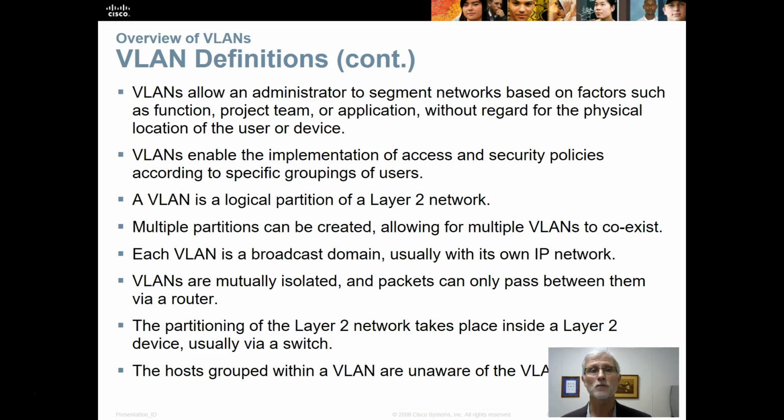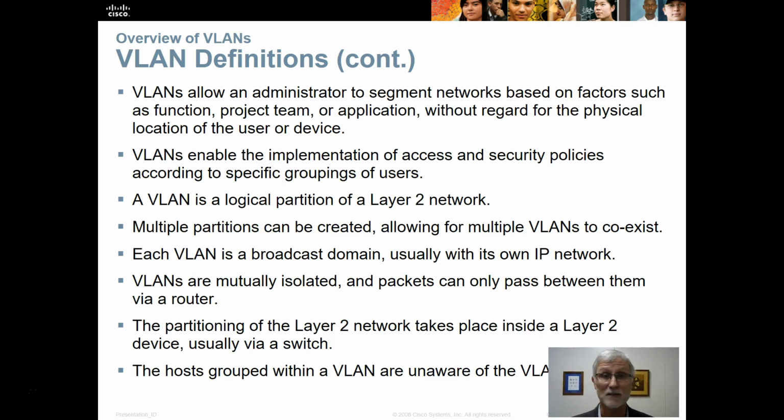It allows me to logically partition that layer 2 network, the switch layer. Partitioning the switch allows multiple VLANs to exist on the same switch, but not communicate between them unless I go out to the router.